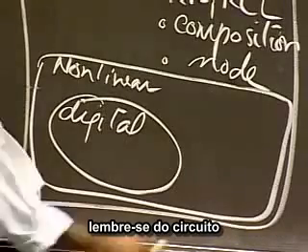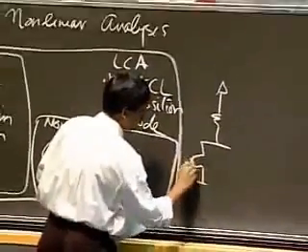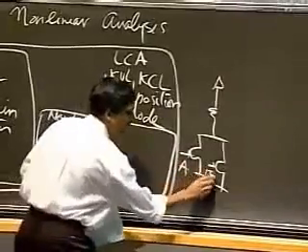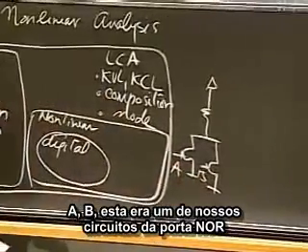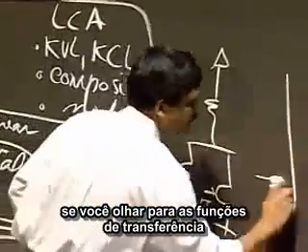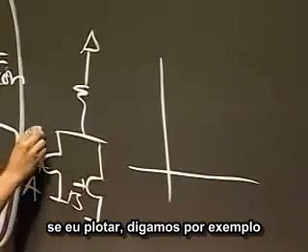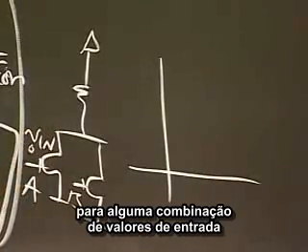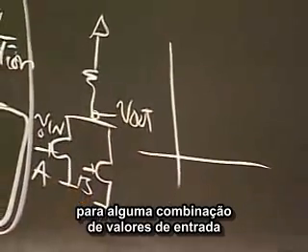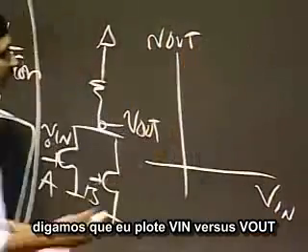Okay, remember this circuit. A, B. This was one of our NOR gate circuits. And if you look at transfer functions, that is, if I plot, for some combination of input values, V in versus V out.